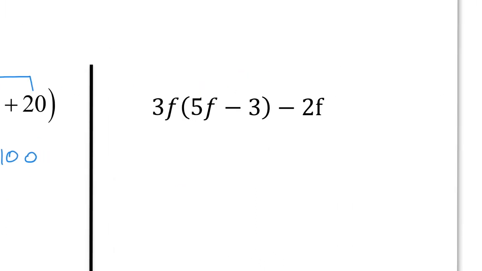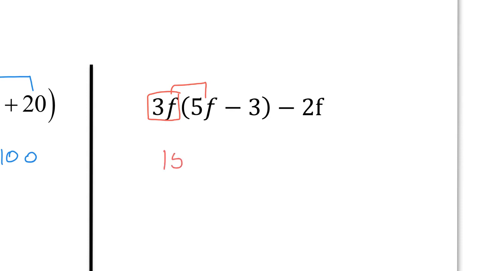All right, now this one's a little bit different because you do have a monomial times binomial, but this one here is not inside of the parentheses. So you're going to multiply this monomial times what's inside, but not the one outside over here. You keep that the same as it is. So first, let's multiply the 3f times the 5f.